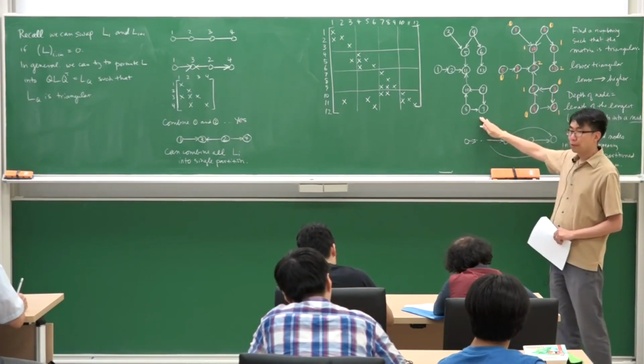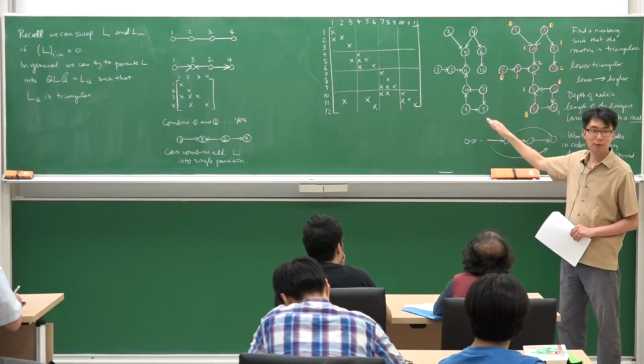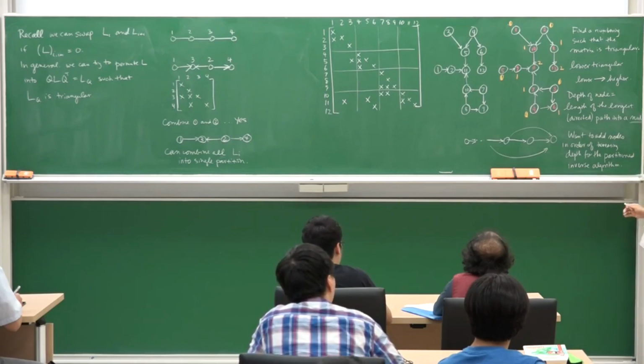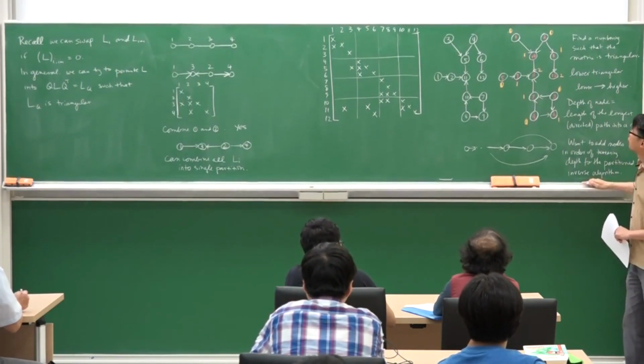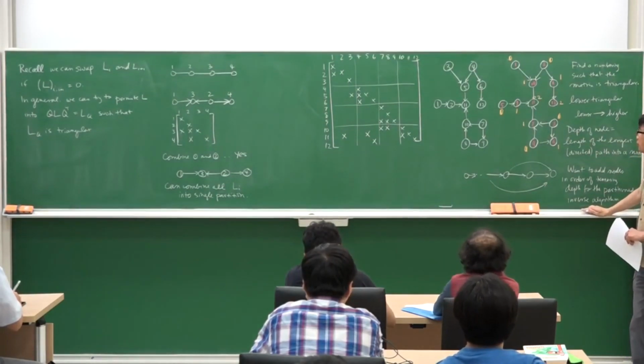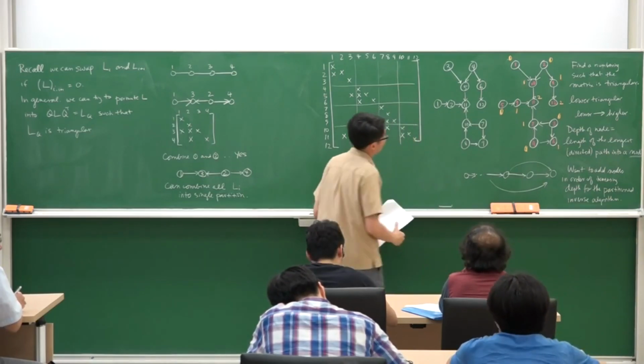So in this example over here, this is a triangular matrix. Did we number the nodes according to depth? Actually, let's see.